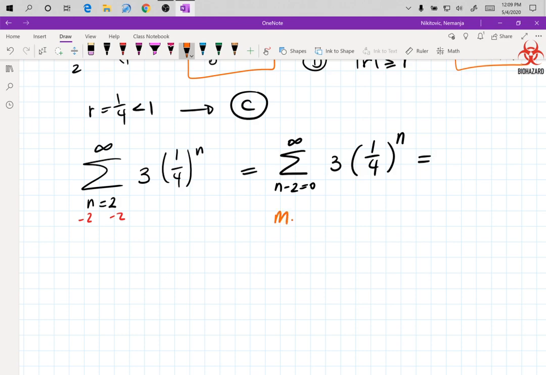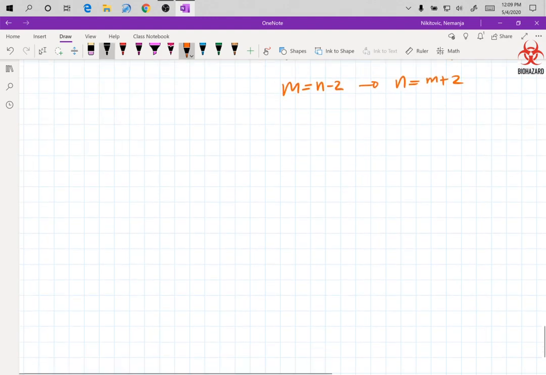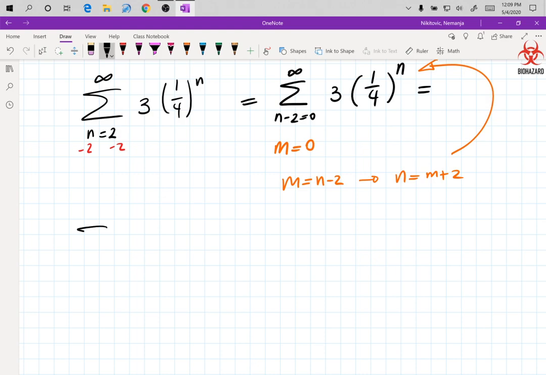You can say m equals 0, and you see that you have the counter now that m is equal to n minus 2. So if that is that, then from there n is m plus 2, and that goes up there, because if I am switching the counter on the bottom to be m equals 0 to infinity, then I have to have my n changed to m plus 2, because I have to have everything in terms of m.